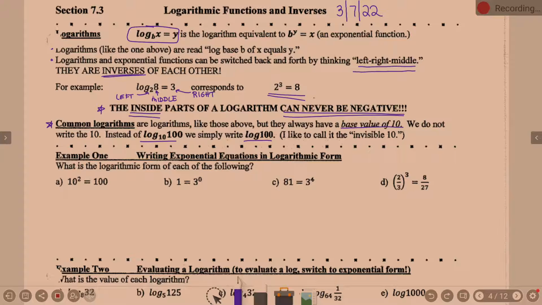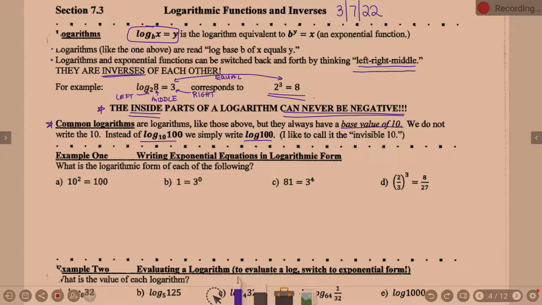The idea that 2 to the third equals 8 is equivalent to log base 2 of 8 equals 3. We're going back and forth, since these two are equal. That's what we're trying to do: just write the logarithmic form.